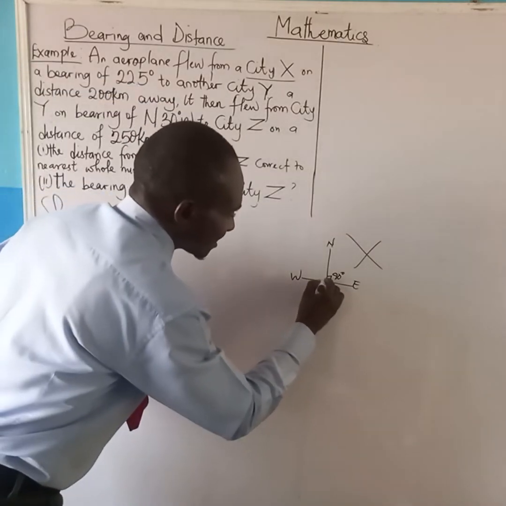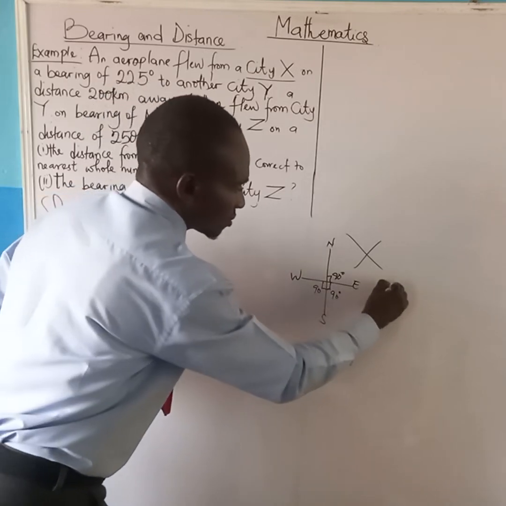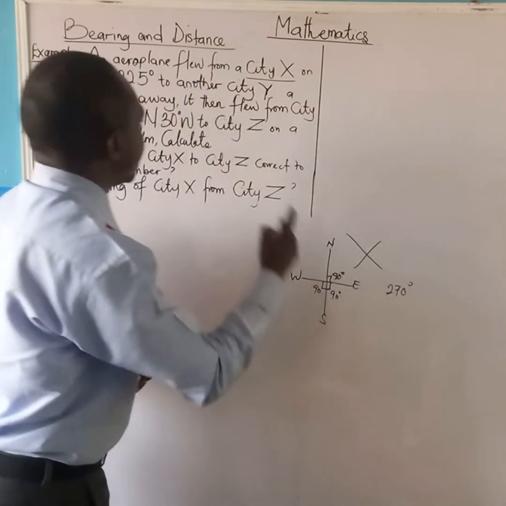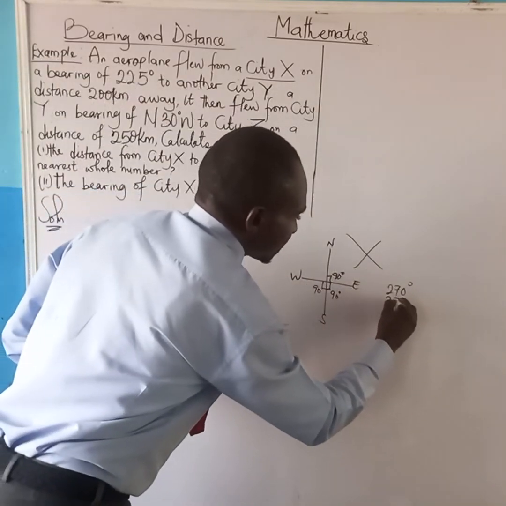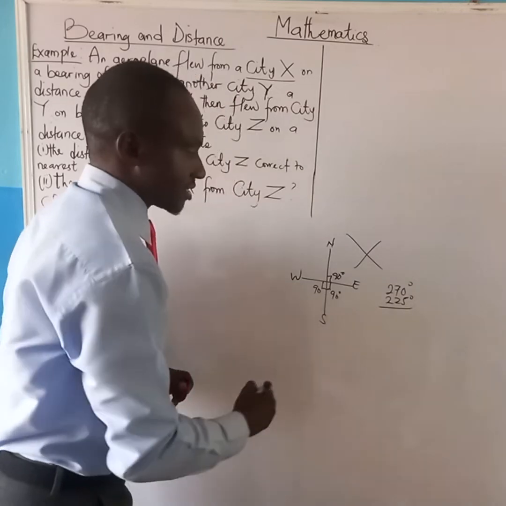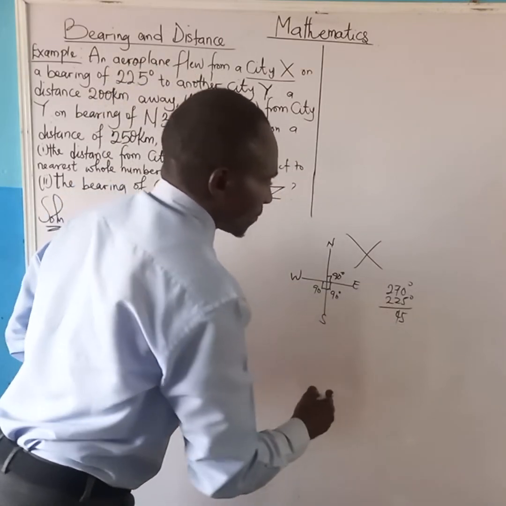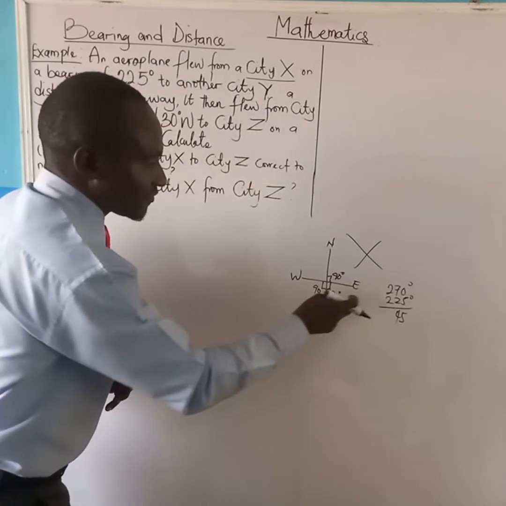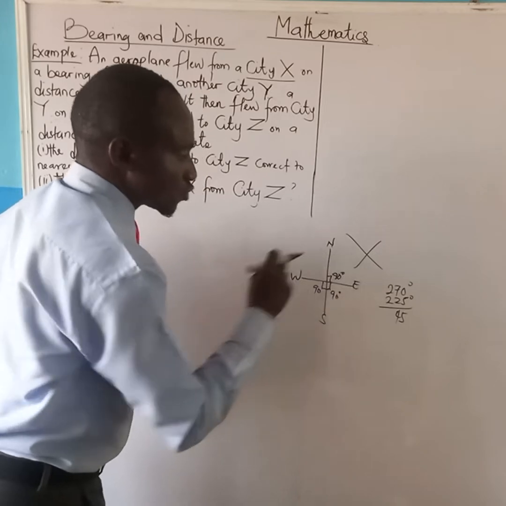So by adding this angle from south to west, 90 degrees, we'll have 270 degrees, which is more than 225. So we take our 225 degrees away from 270. We have 45 degrees, so we take away 45 degrees from this to give us 225.